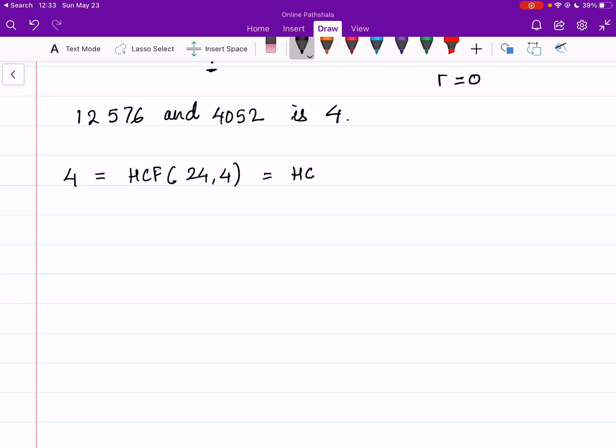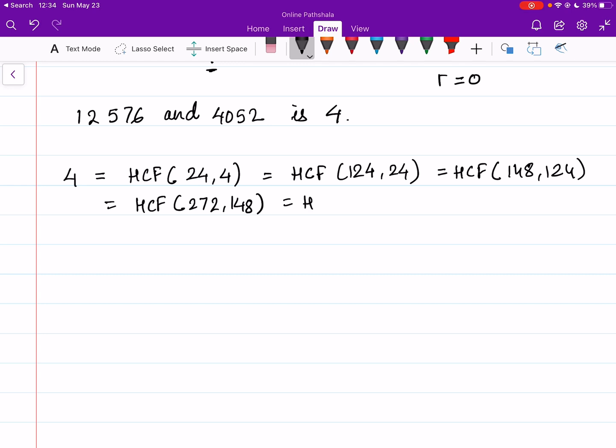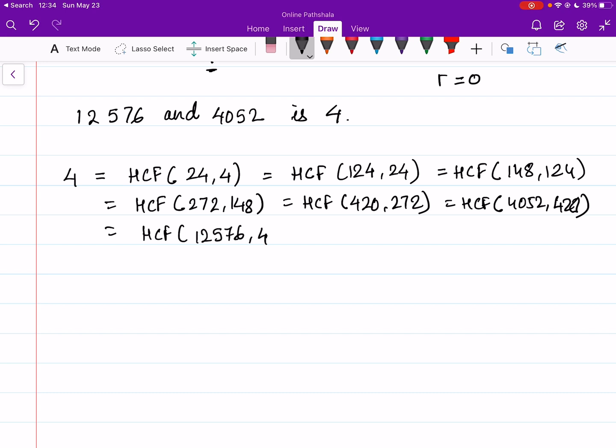It is also the HCF of the numbers 124 and 24, of 148 and 124, of 272 and 148, of 420 and 272, and of 4052 and 420, and it is also the HCF of the original numbers that we started with, 12,576 and 4,052.